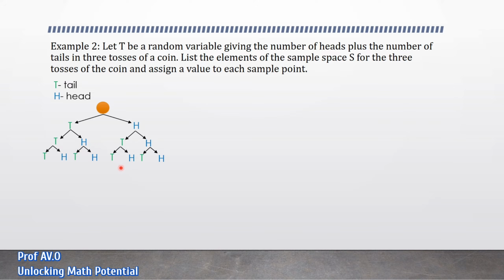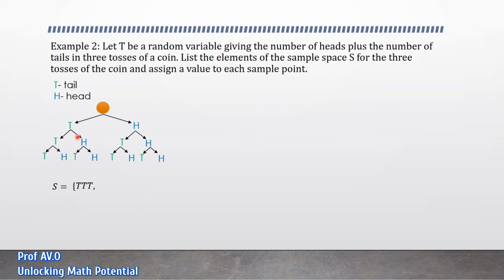From our experiment, we can now have our sample space S. The values of our sample space S: for the first outcome, we will just follow the arrows, starting with T, T, T. So our first outcome is T, T, T, meaning the 3 coins are tails.